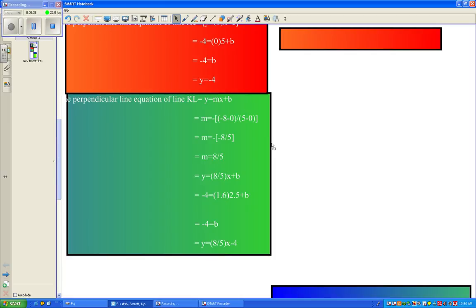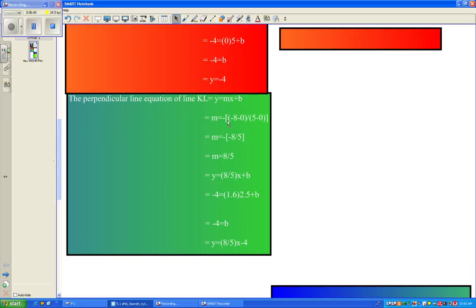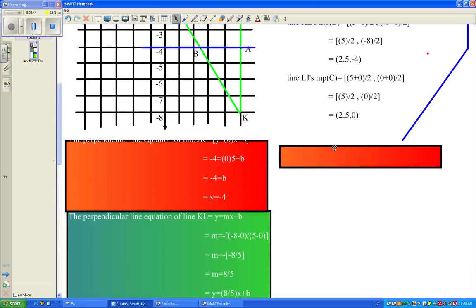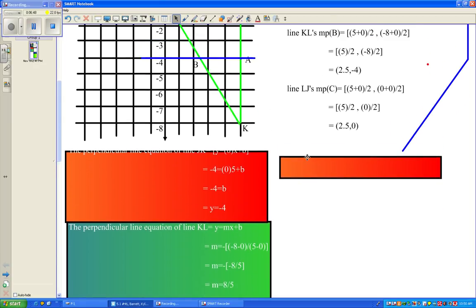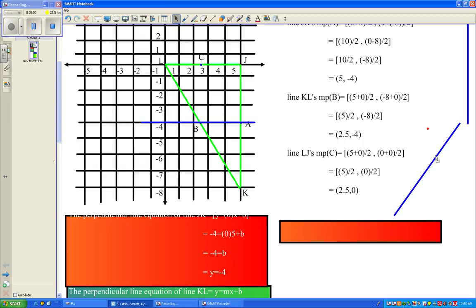So for the last equation, the line LJ, well, actually first we're going to graph this, and that's going to look like that.